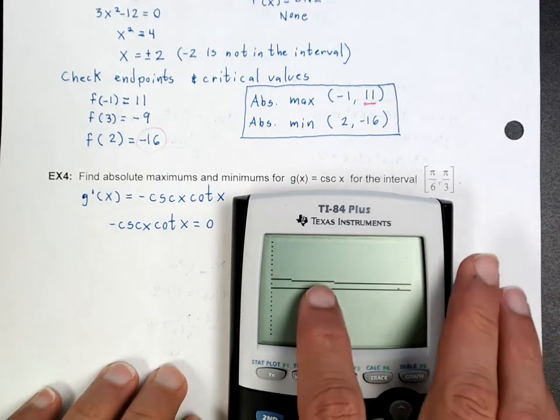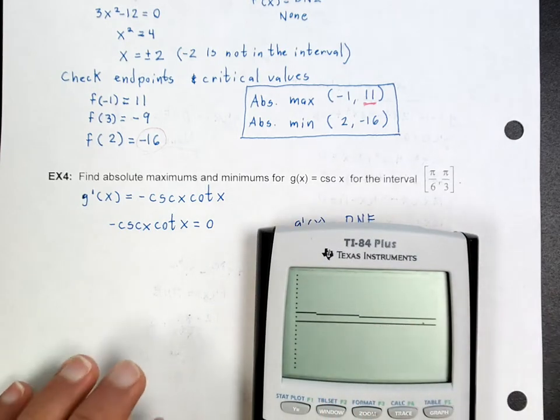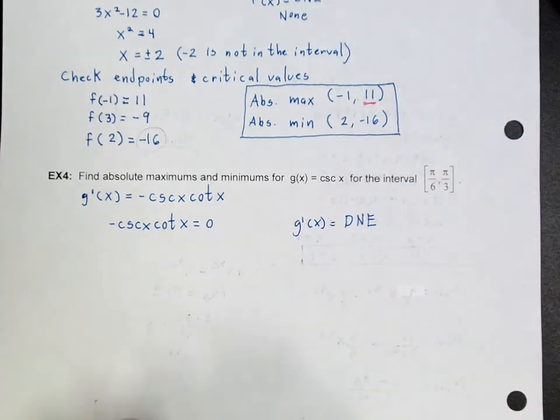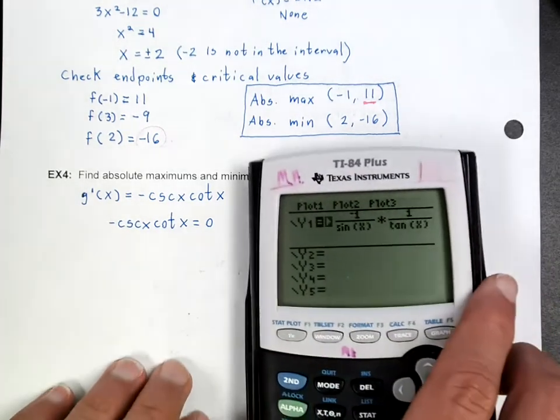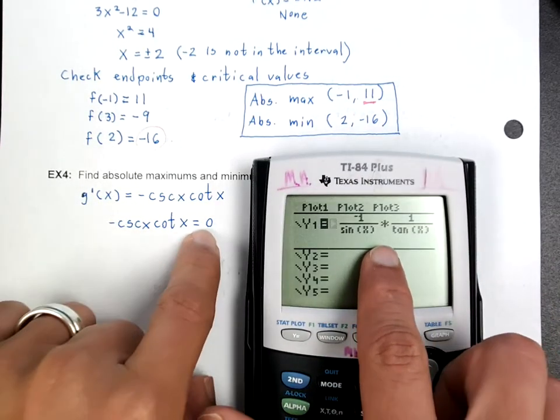I'm also looking to see if I have any sharp points or cusps or anything like that, and it looks like I don't. Also, if you wanted to, you can graph the derivative. Now I'm looking to see if the derivative is ever equal to 0.